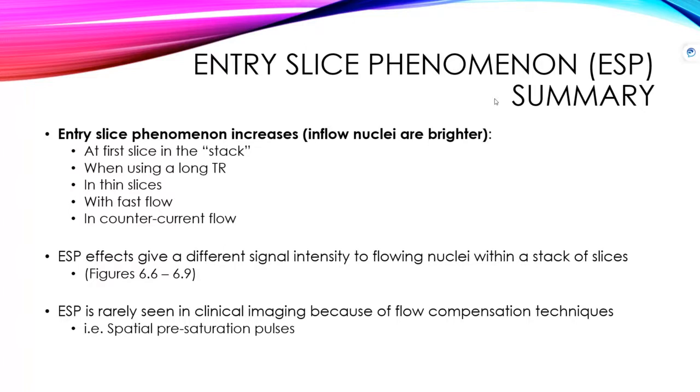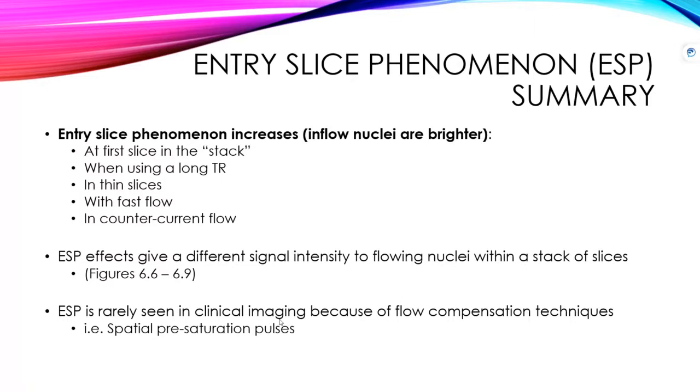If we were actually looking at the vessels in the abdomen, we would be using flow compensation techniques so that we don't deal with this. And so if you are performing an angiography study and you notice that this is happening, then you know that you did not use a flow compensation technique like you needed to. So that's what it means by not seen in clinical imaging.